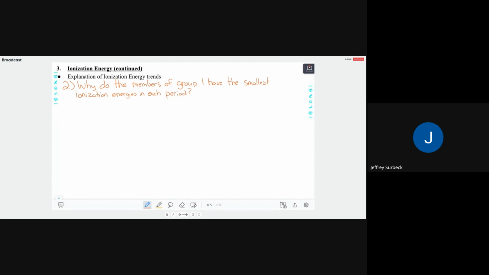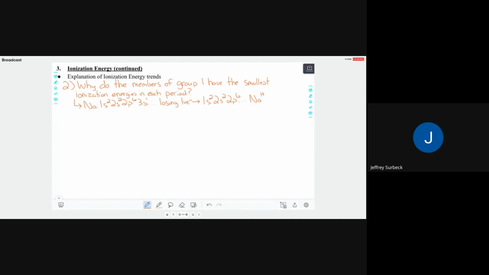Well, again, let's look at our electron configuration, and we're going to start here with sodium. Sodium has the electron configuration of 1s2, 2s2, 2p6, and 3s1. Well, if it loses just one valence electron, it's going to have a resulting electron configuration of 1s2, 2s2, 2p6. Okay, remember this would now be classified as a sodium ion with that 1+ charge.